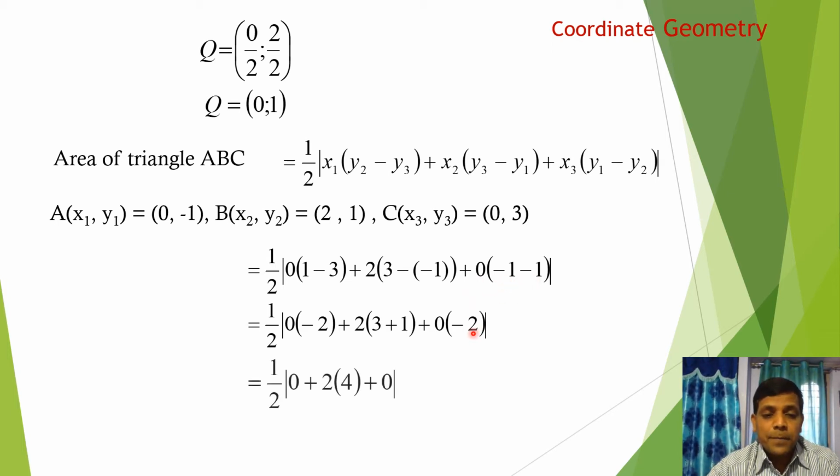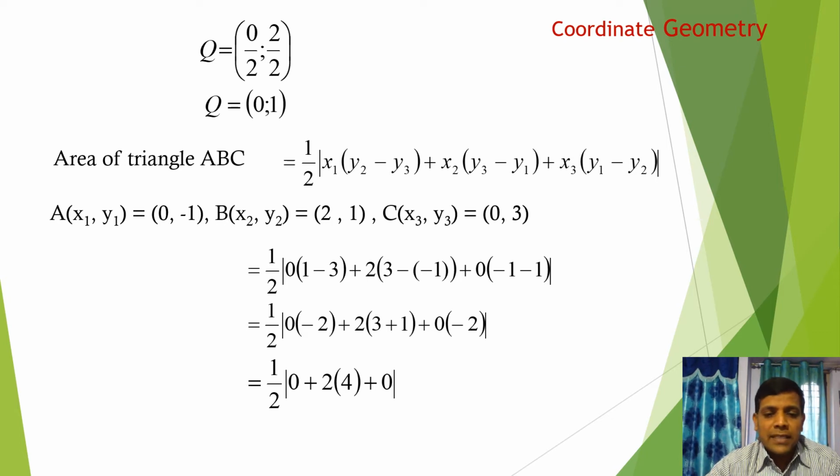Half into 0 into anything is 0, plus 3 plus 1 we get 4. 2 into 4 plus 0 into minus 2, and 0 into minus 2 is 0. Next step, half into 2 into 4 is 8, so 0 plus 8 plus 0 equals 8.